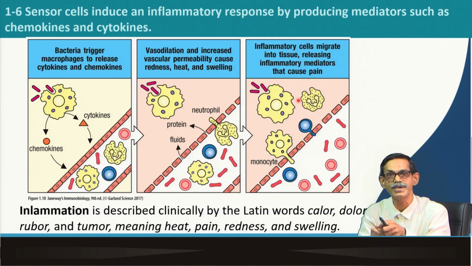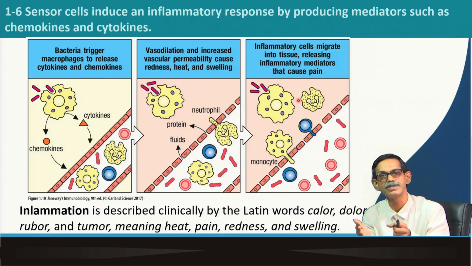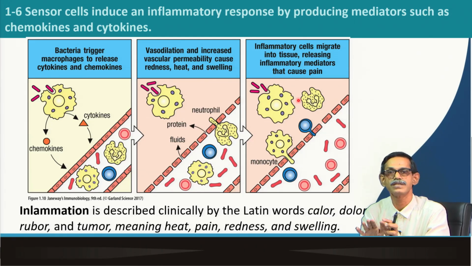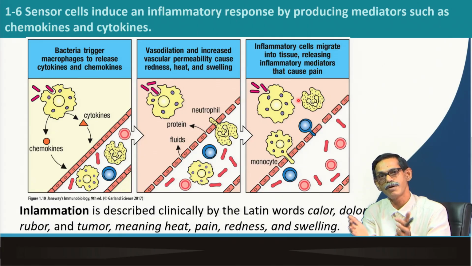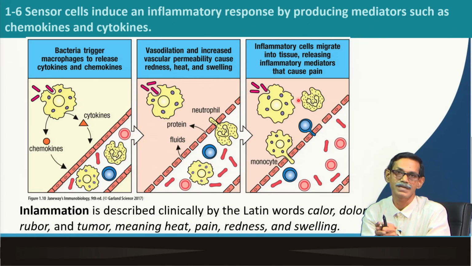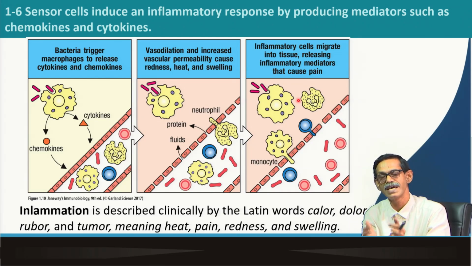So, heat, pain, redness and swelling are the four symptoms which are described clinically as inflammation. The redness definitely depends on the skin complexion, but heat, pain and swelling are very easily distinguishable from normal skin, and most of us who have had a cut have experienced this. So, this is the first response of the immune system that something happened.